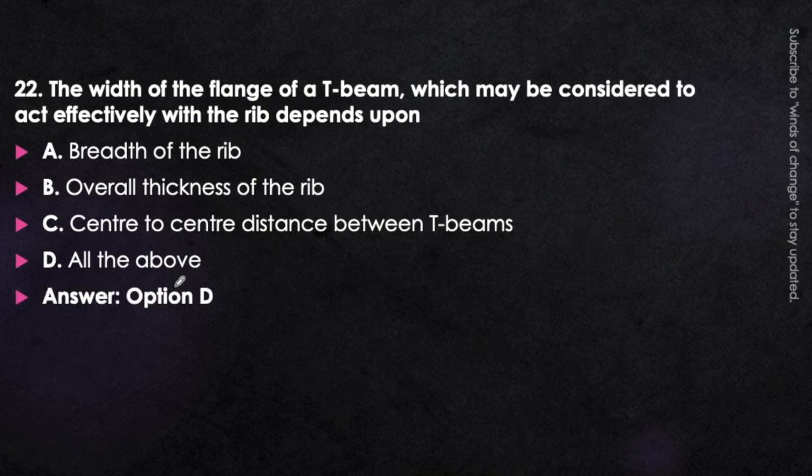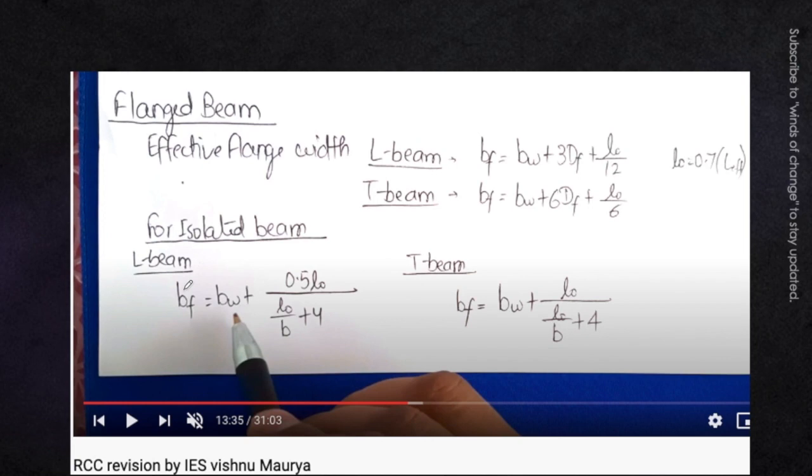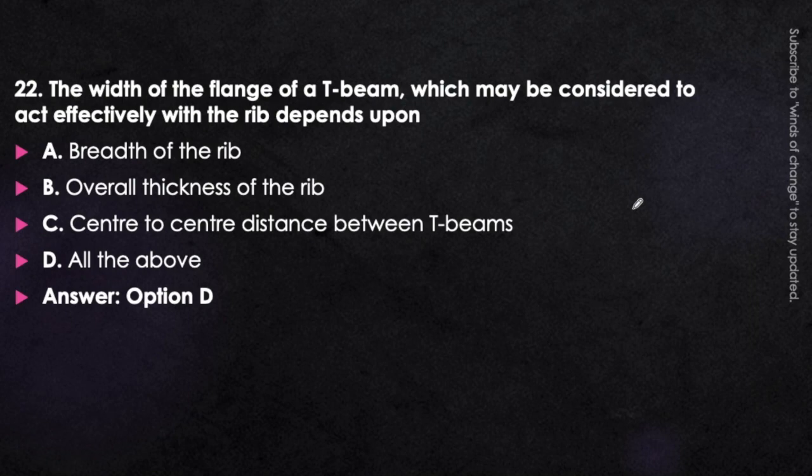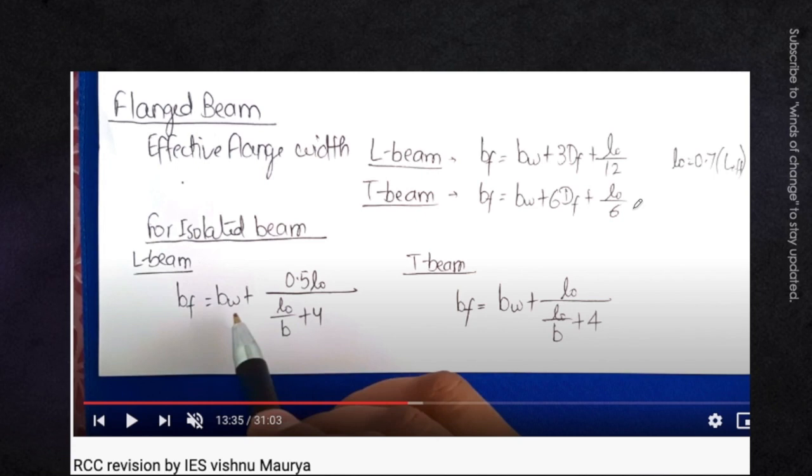The answer will be option D, that is all of the above. How is it so? You can watch it. For a T-beam, the width of flange is given by BW plus 6TF plus L0 by 6. So it depends upon the width of web, depth of flange, and the effective length. There can also be a possibility of center to center distance between the beams. You can watch the revision of RCC from the link in the description box.